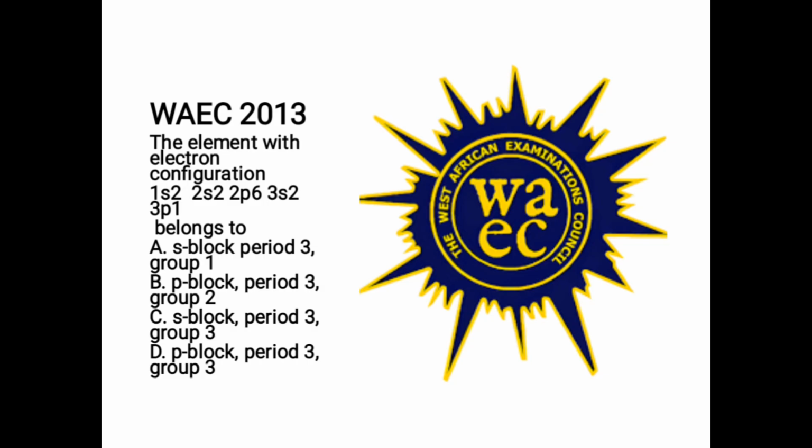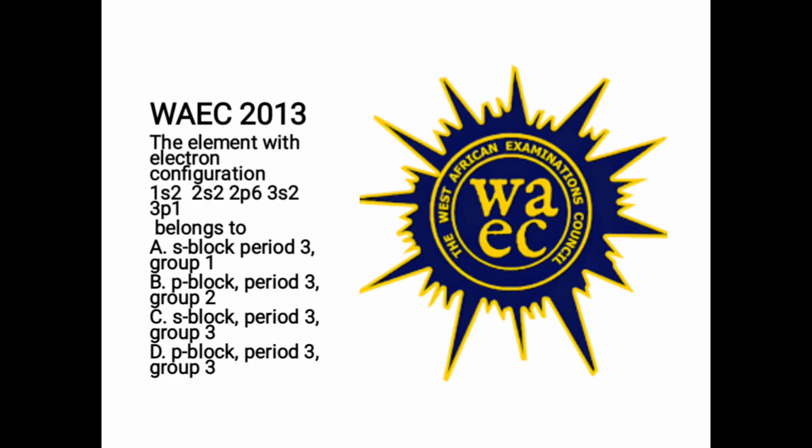Now let's look at a few WAEC questions. WAEC 2013, for instance: the element with electron configuration 1s2, 2s2, 2p6, 3s2, 3p1 belongs to. The first thing you do is to calculate the atomic number. From here you have 2 plus 2 plus 6 making 10, plus 2 making 12, plus 1 making 13.